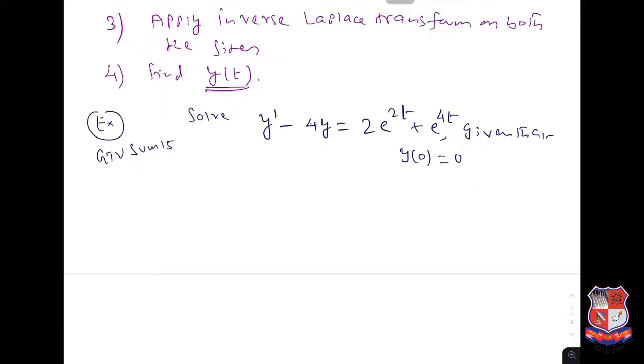Now what we are given is y dash minus 4y equal to 2 e power 2t plus e power 4t.